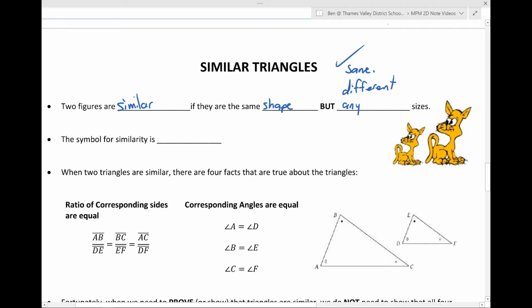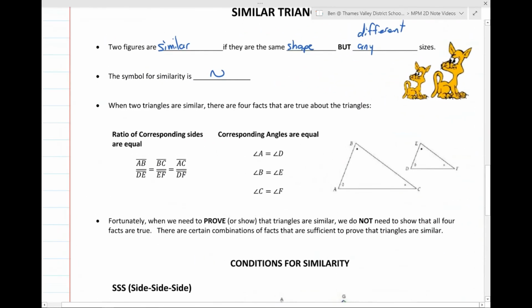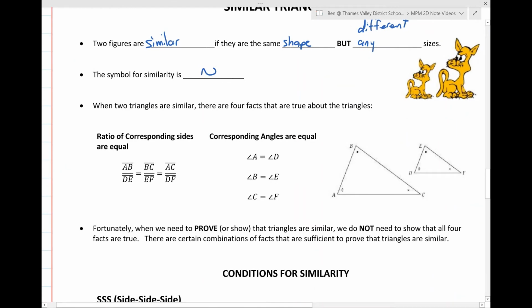Congruent triangles are an example of similar triangles in itself. So the symbol for similarity is this here. That's the tilde. Now, when two triangles are similar, there are 4 facts that are going to be true. Number 1, the ratio of corresponding sides will be equal, meaning AB over DE, right here.